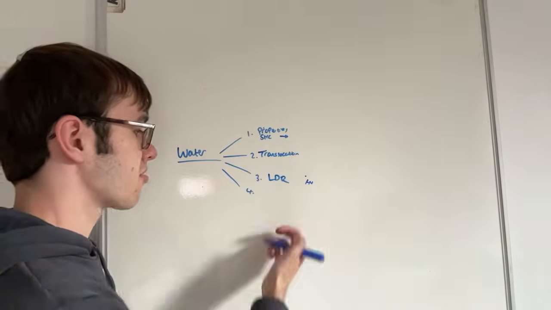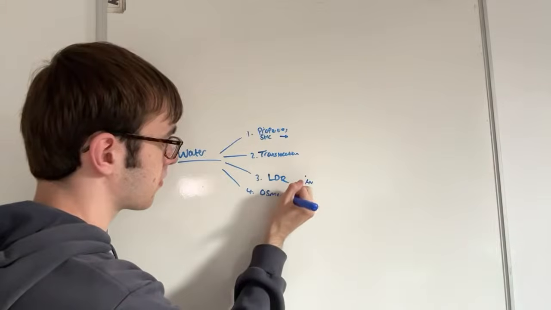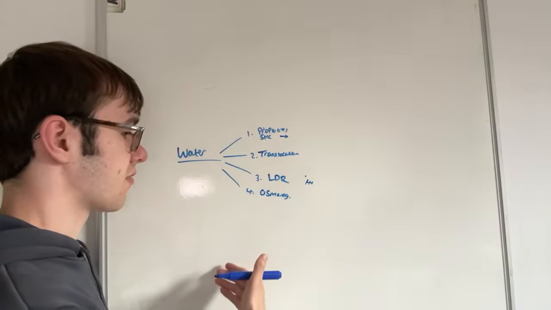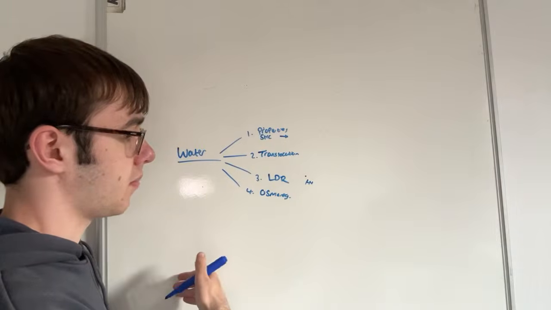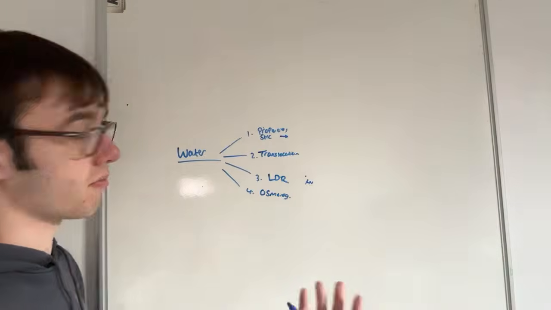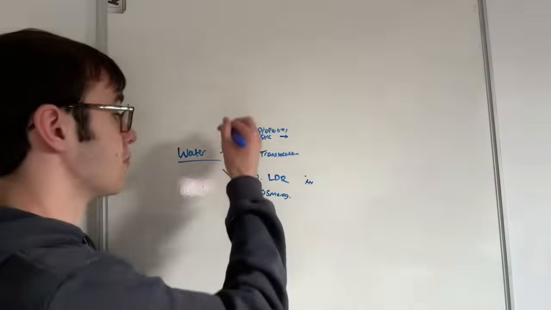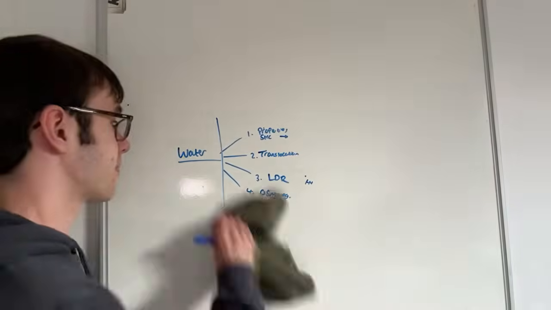And I would also go with osmoregulation, because you could link that to the water level being maintained so that cells don't crenate, things like that. That would be what I would go with, anyways, if the question was on water.